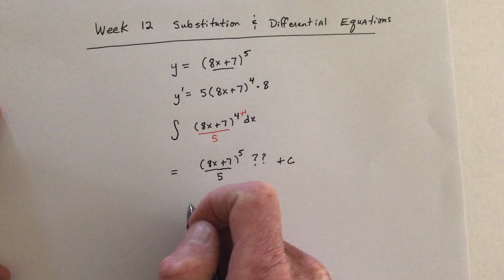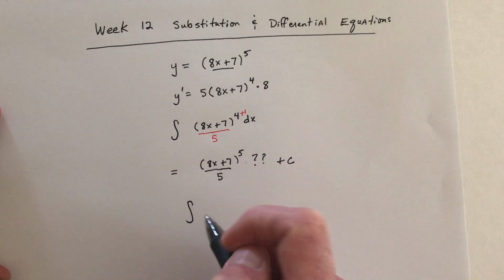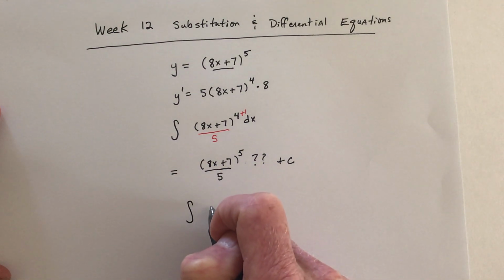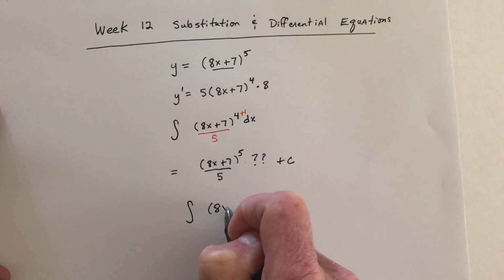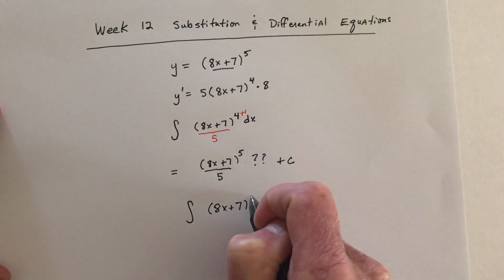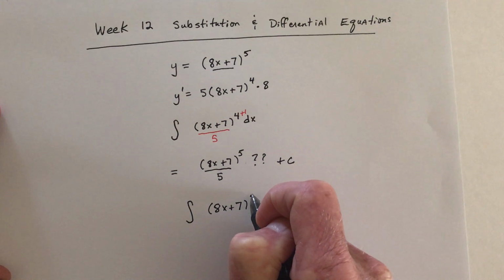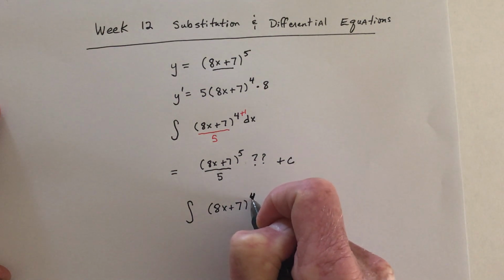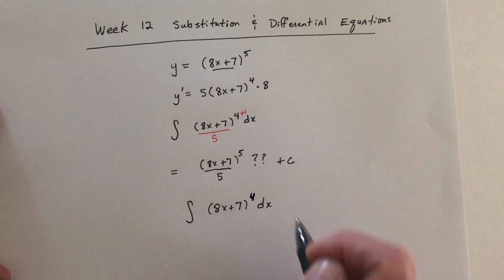So if I start over and I say, find the integral of the 8x plus 7 raised to the fourth, and then dx.